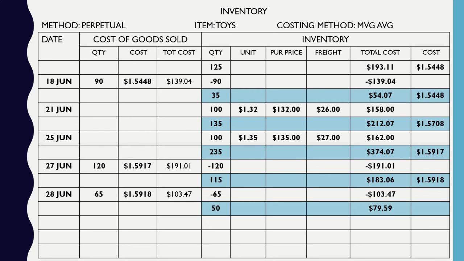We must round. So this number becomes rounded, and when we round our answers on our cost of goods sold and subtract it out from our inventory, we are now rounding our answers down also by a penny as well.